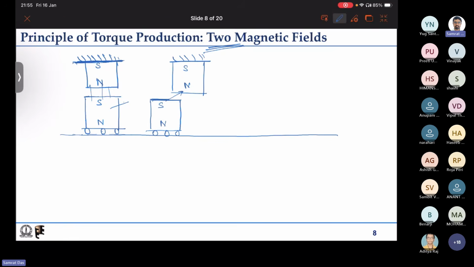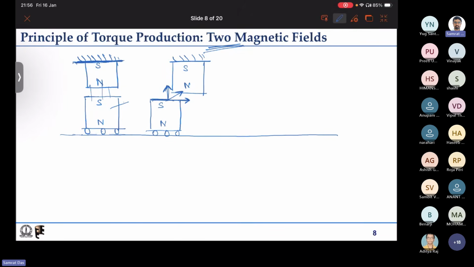Basically it will have some force like this. So the force will have a very strong vertical component, along with some horizontal component. This is assuming that the weight is quite high, and this vertical force cannot pull it up.